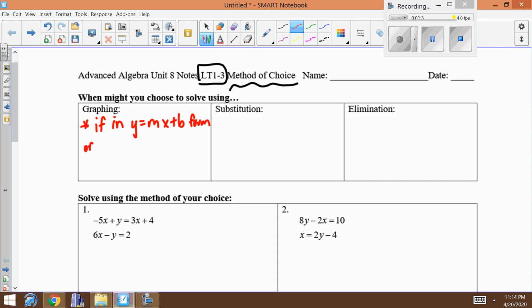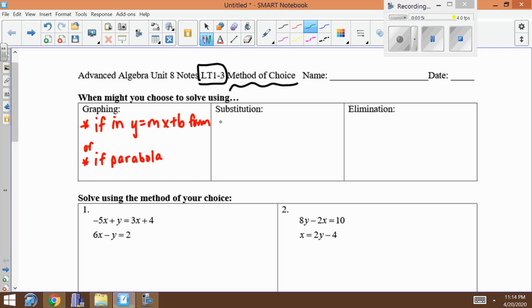Or I might choose to solve by graphing if there is a parabola. Now, that's not always the case. Not all parabolas are easy to graph, and not all of them will intersect at nice integer points. That's the one downfall of graphing: if you don't have it intersect in nice points, it defeats the purpose of solving by graphing. But otherwise, those are the two main things I would look at for graphing.